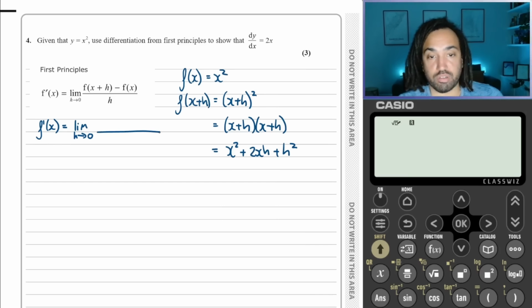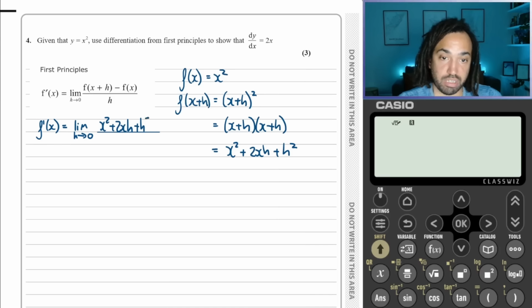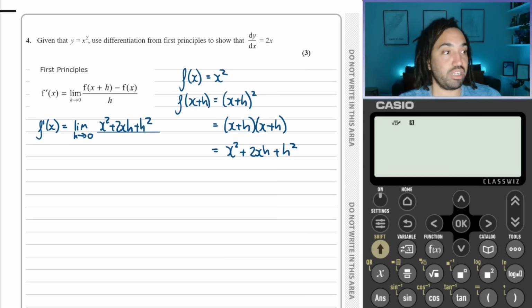So our fraction now will look like x squared plus 2xh plus h squared, and then minus f of x, which we know is x squared, all over h. Okay, great.